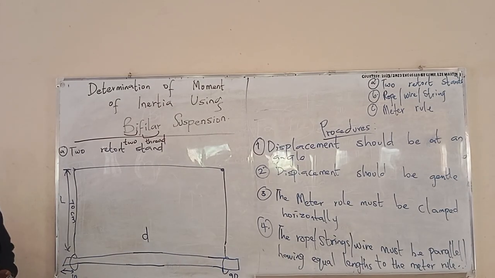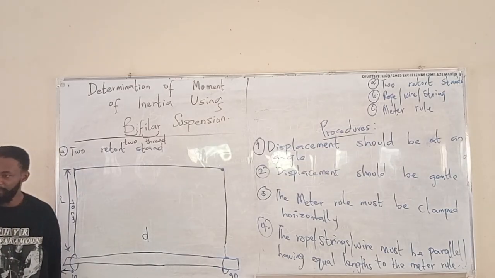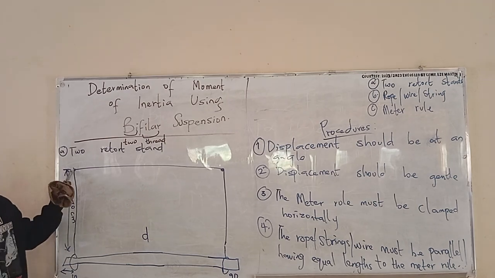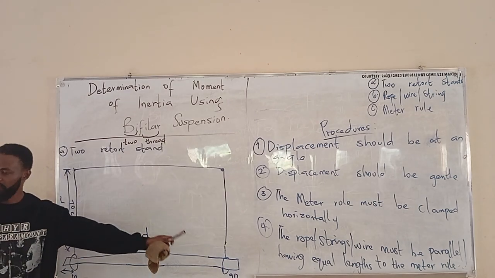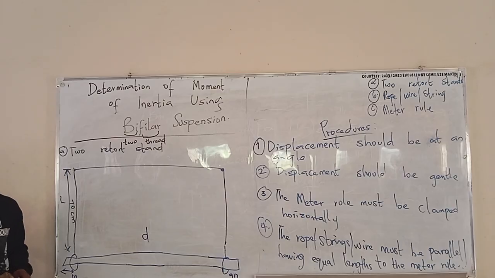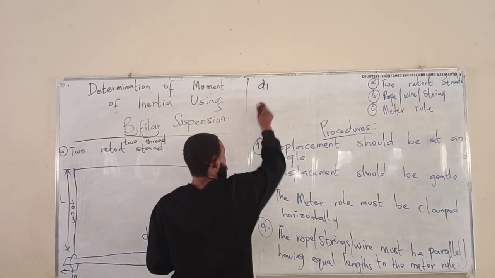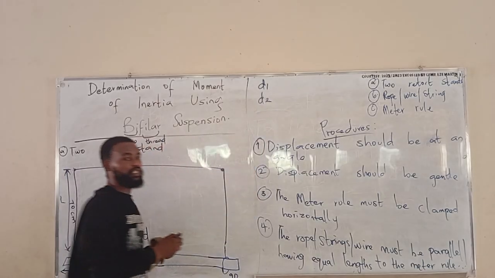Now, how do I get different masses? Notice that this one, from this end to this end, gave me 70, Shebi. The rope is actually 70. So if I want to do the second time for the second distance, this is the first distance. They did not give you distance.